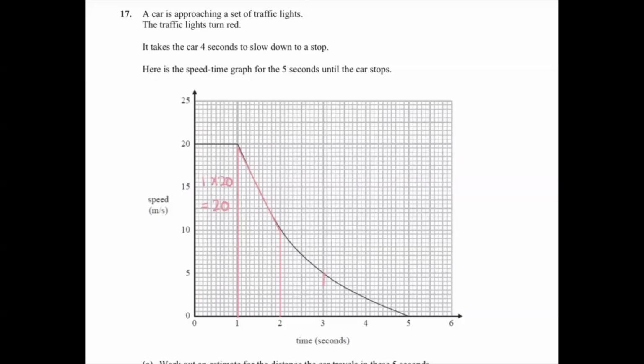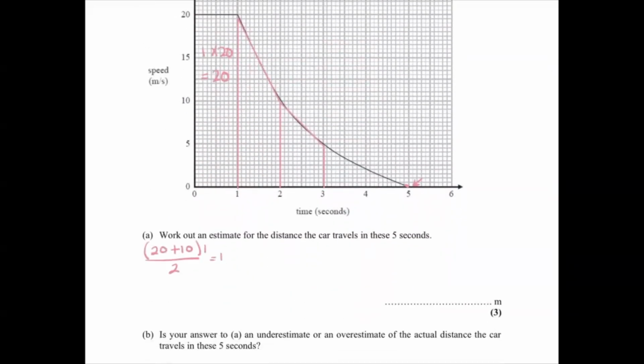I'll do the same for this one. And again, we'll just draw it on so that we can see it. And then we'll talk about this one, because if I go to 5 seconds, then I've got 0, which means I no longer have a quadrilateral. Okay, so here I can't use 0.